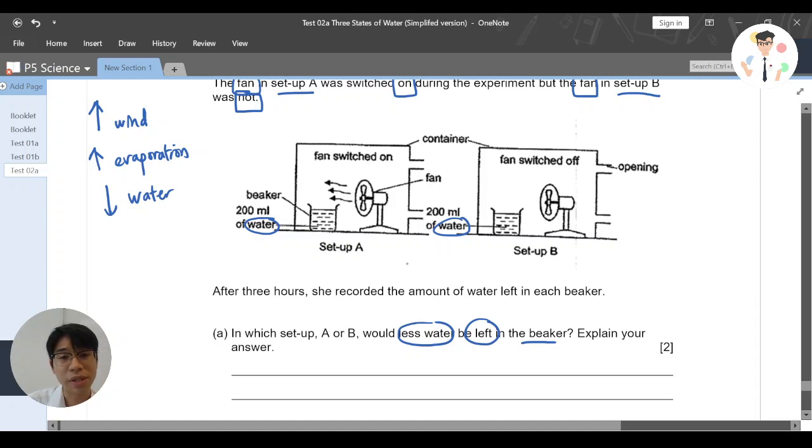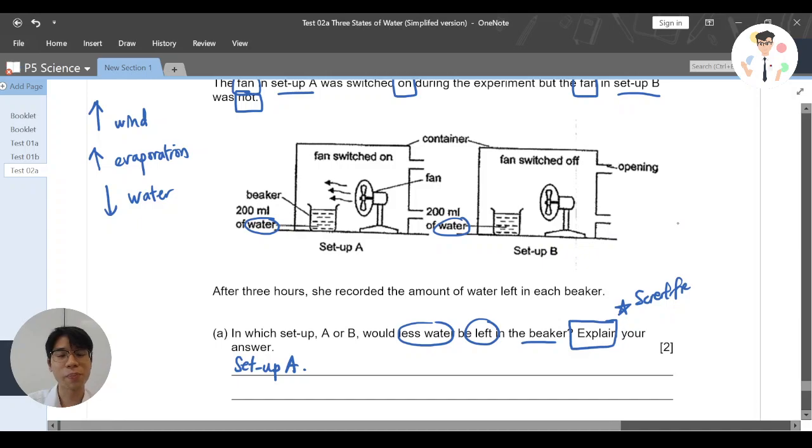So less water means there's a presence of wind. So which setup? Setup A. Again, you must understand this. If you don't understand this concept, everything is gone because you don't know how to answer. Now, again, remember that you are supposed to explain your answer. And how do you explain? You must explain scientifically. You must use the scientific words.